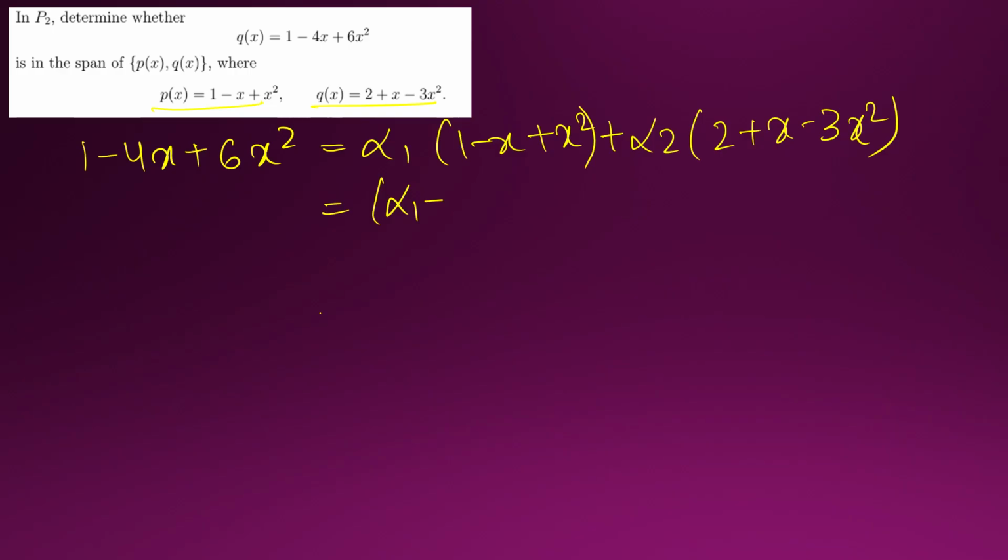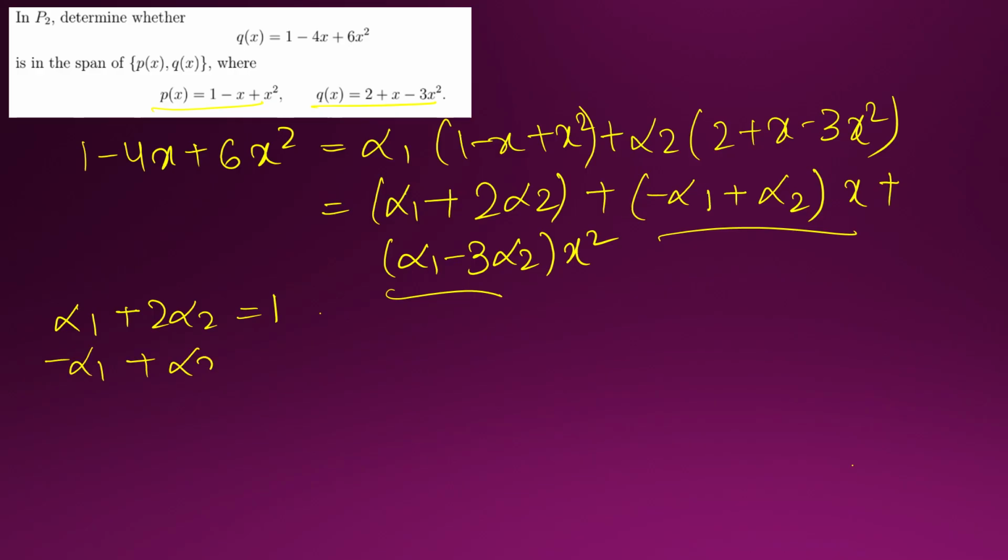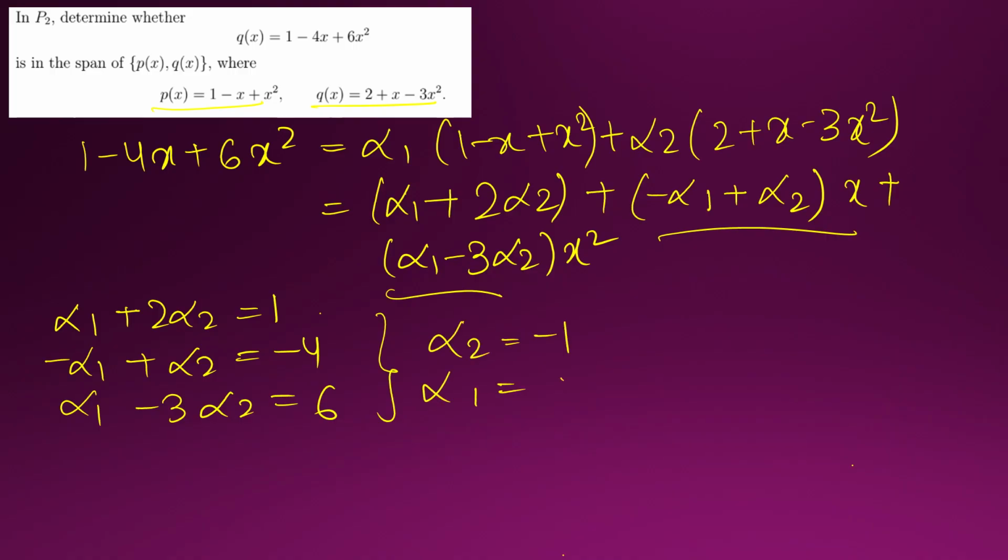When we open up, we'll get alpha 1 plus 2 alpha 2, plus, taking x common, minus alpha 1 plus alpha 2 x, plus alpha 1 minus 3 alpha 2 x square. Now we compare the coefficients. On comparing we get alpha 1 plus 2 alpha 2 is equal to 1, minus alpha 1 plus alpha 2 is equal to minus 4, and alpha 1 minus 3 alpha 2 is equal to 6. So these are the three equations. On solving them you will get alpha 2 equal to minus 1, alpha 1 equal to 3.